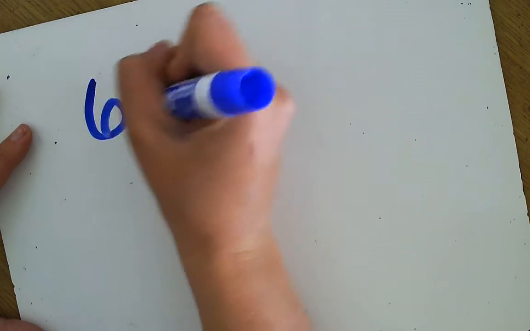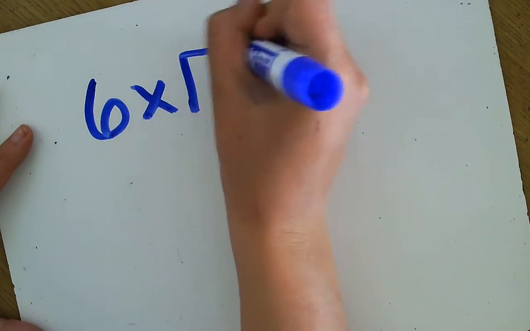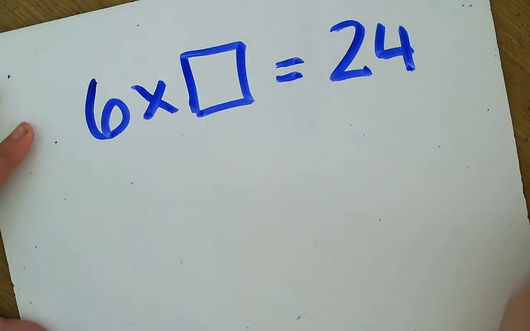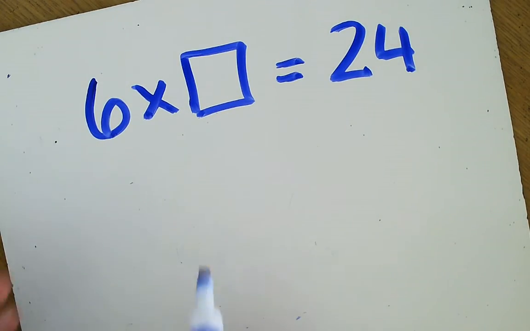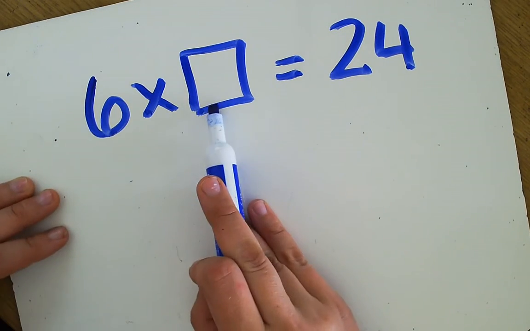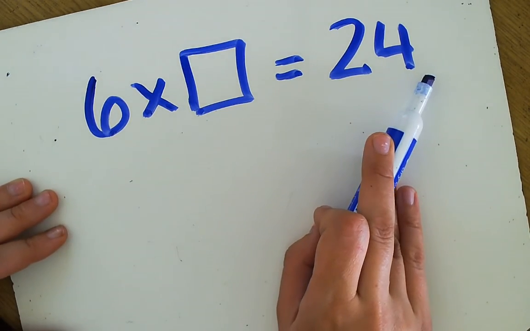So, our first question that we're going to do together is 6 times, we'll use that square, equals 24. Okay, so I know here that 6 times a number equals 24.